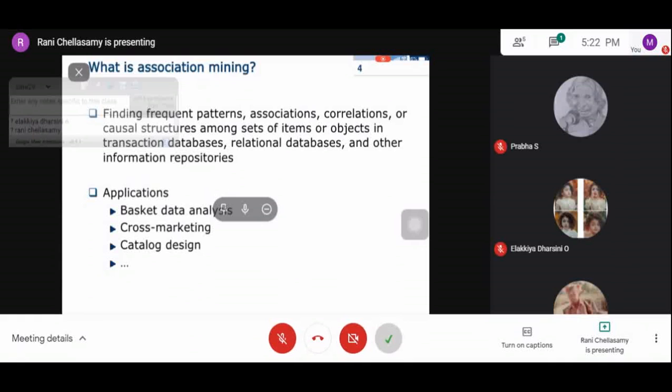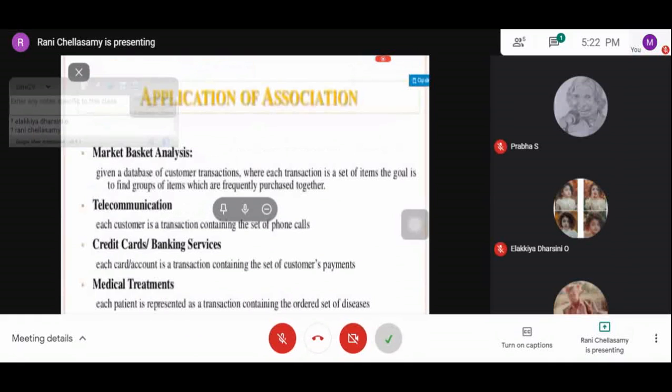So where can we apply association rule mining? The applications include basket analysis and telecommunication. In telecommunication, each customer is a transaction containing a set of phone calls. In credit cards and banking services, each credit card is considered a transaction consisting of a set of customer payments.